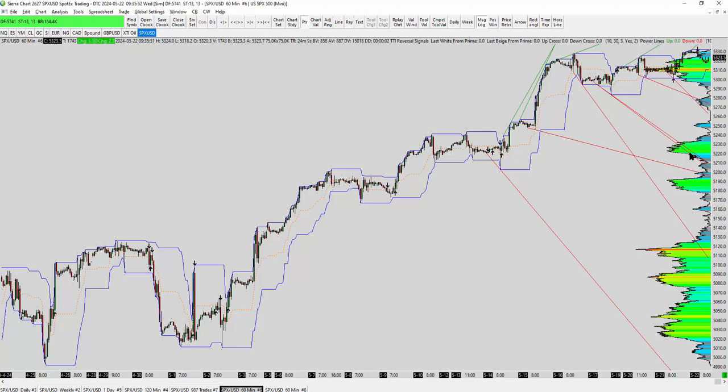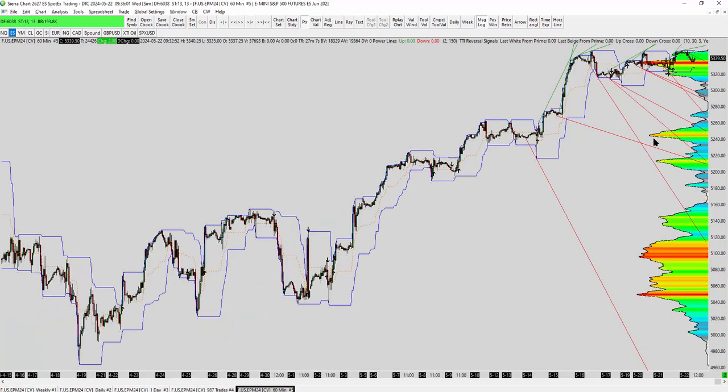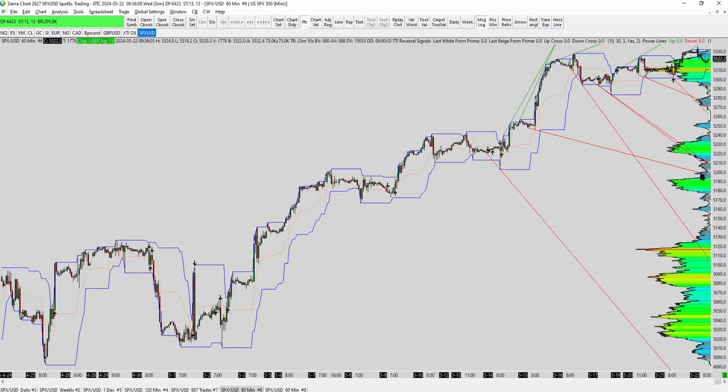Look at the bump here, below, closer to this low. This is ES futures, with the bump closer to the low. There was another bump below here. So two bumps.